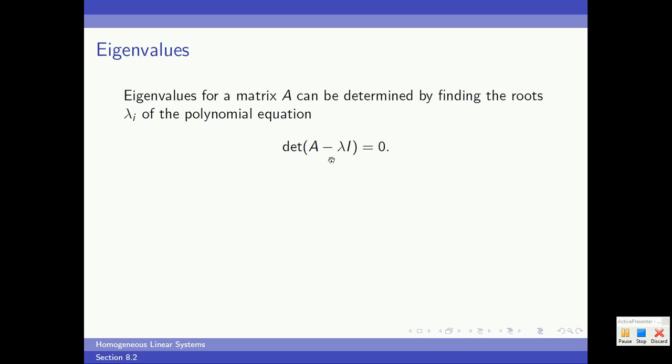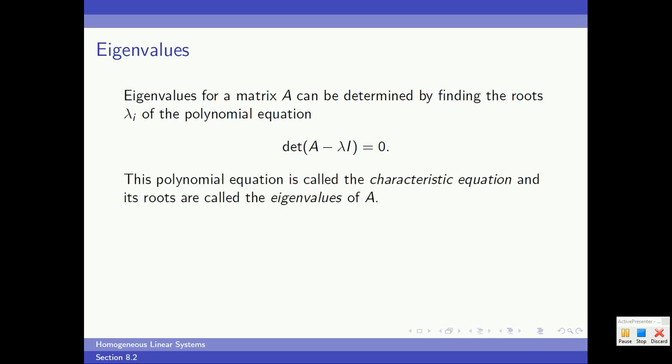If you have a 3 by 3 matrix, you're going to have a lambda cubed term in there. When I find this polynomial, that is called our characteristic equation, and the roots of it are our eigenvalues. You solve this polynomial equation for lambda, and those lambdas that you find are called your eigenvalues.